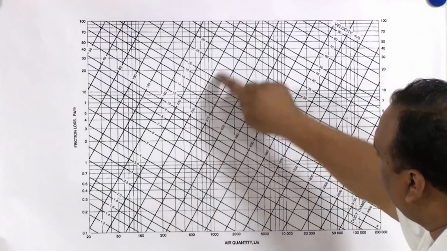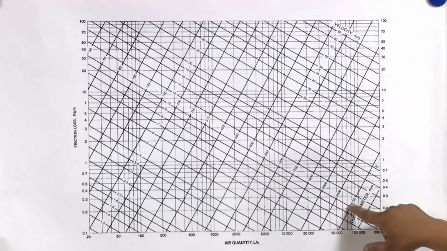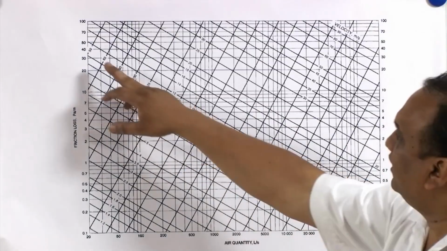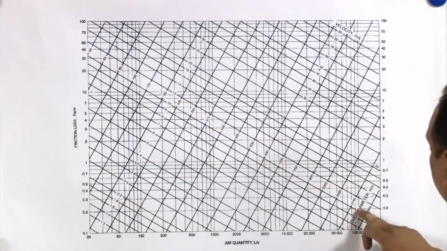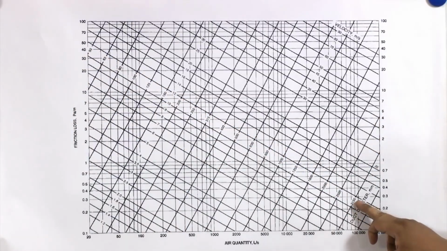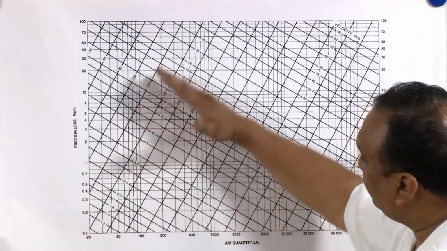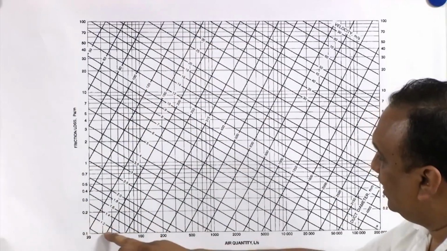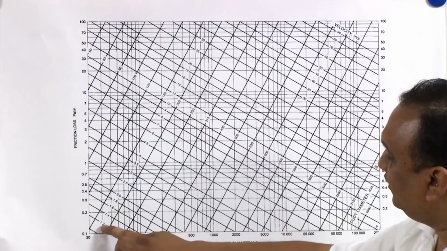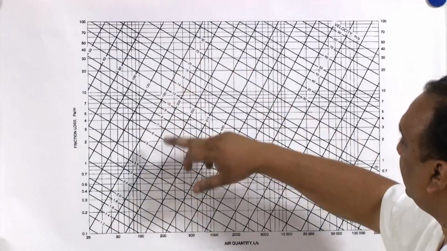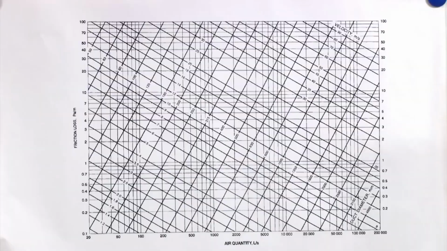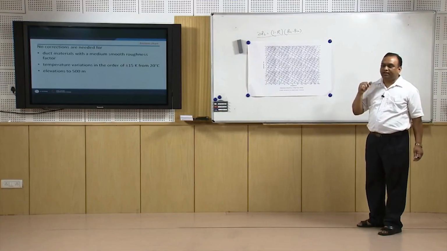There are inclined lines which show the change in duct diameter from 50 millimeters to 3150 millimeters, and there are lines which show the duct air velocity starting from 1.2 meters per second to 30 meters per second. Suppose I want to design a rectangular duct.